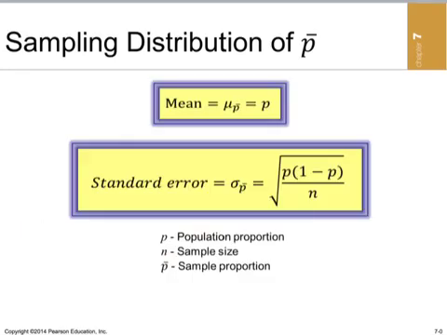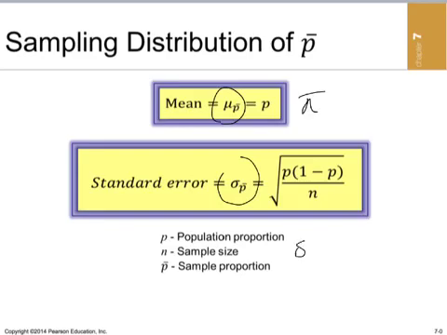With that normal approximation, we need a mean and a standard error. Well, the mean of all of the sample proportions, mu P bar, will just be equal to pi, the population proportion. However, the standard error is given using this function right here, which is sigma P bar is equal to the square root of P times 1 minus P over n. But remember, we're going to use pi.